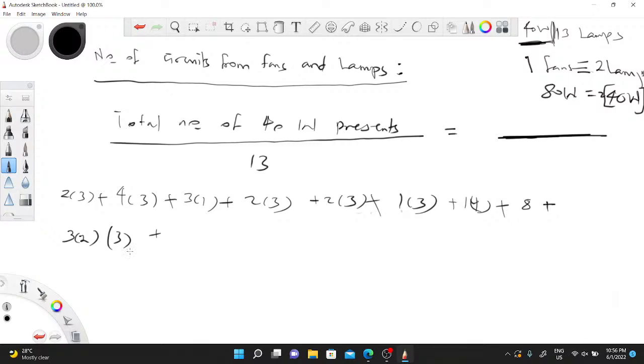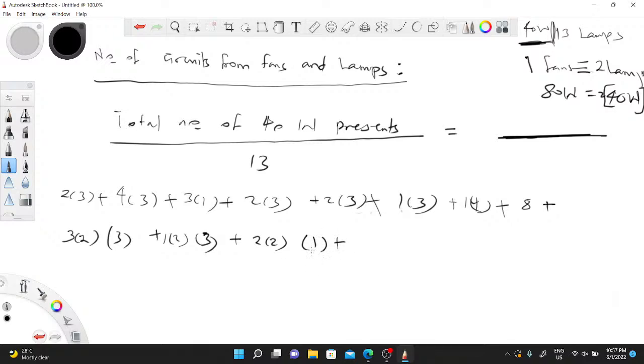Then now plus master bedroom, I use 1 fan, right? So I'm having 80 watts, which is 2 of 40 watts, times the number of master bedrooms, 3. Then now plus common hall, I have 2 times 2 to divide it into 40 watts. Then times the number of common halls, 1.